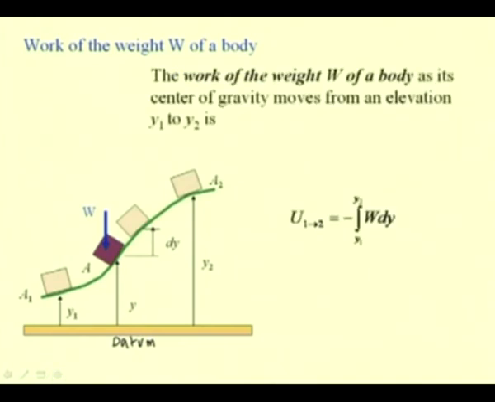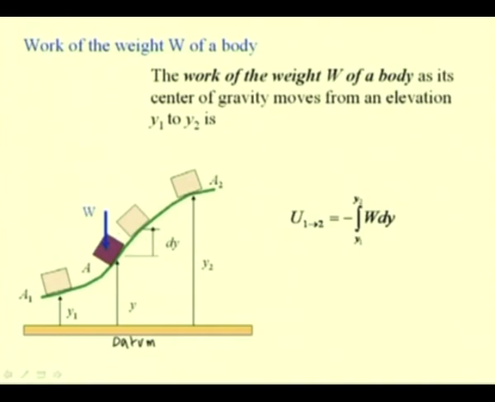So, the work done by the weight as the center of gravity moves from the elevation y1 to y2 is equal to minus the integral from y1 to y2 of W dy. This negative sign comes from the fact that this force W is in the negative direction of the displacement that we are considering.